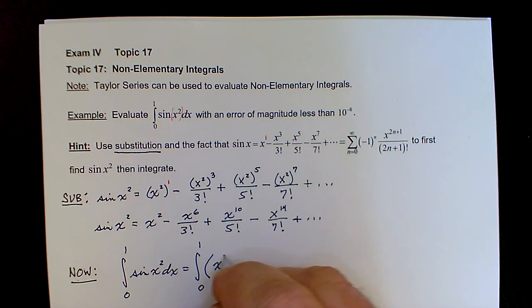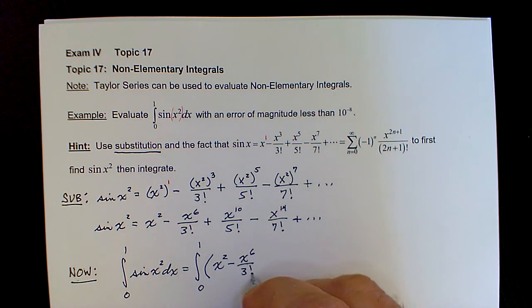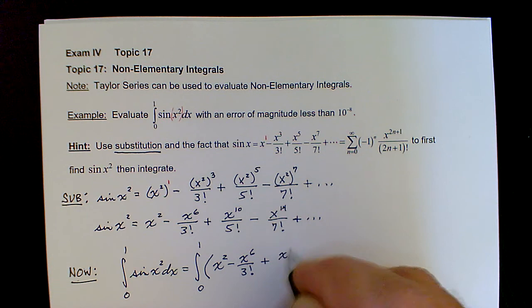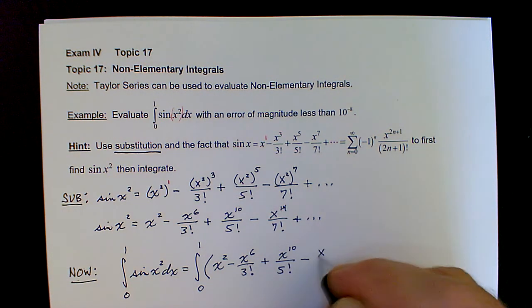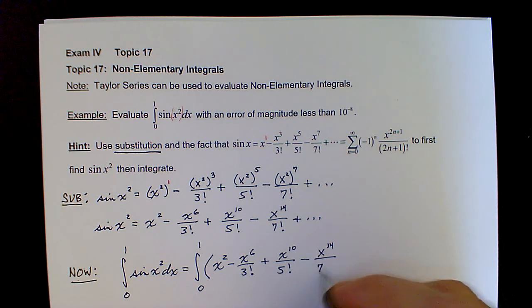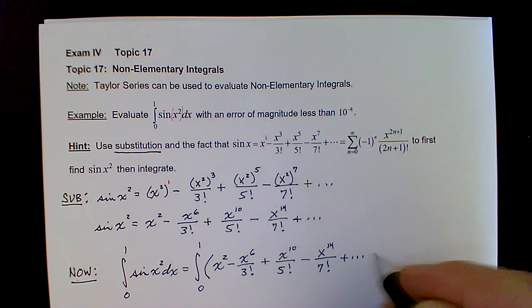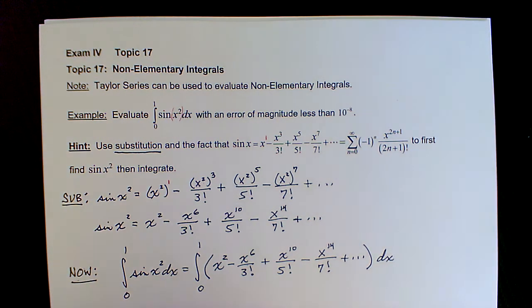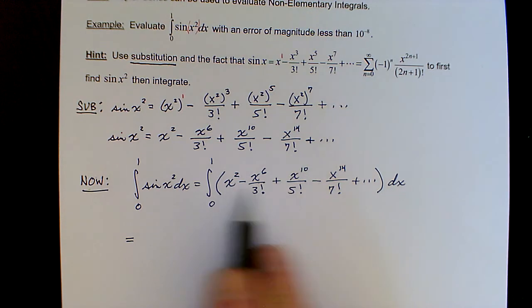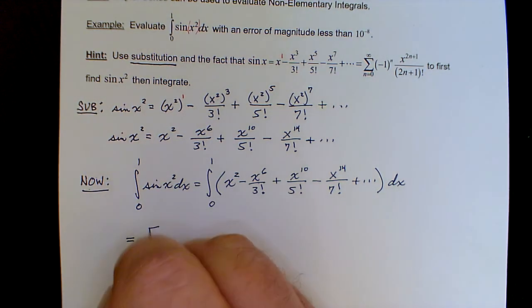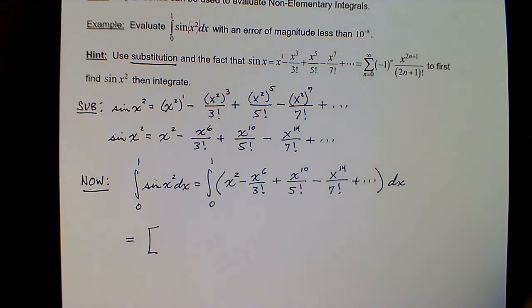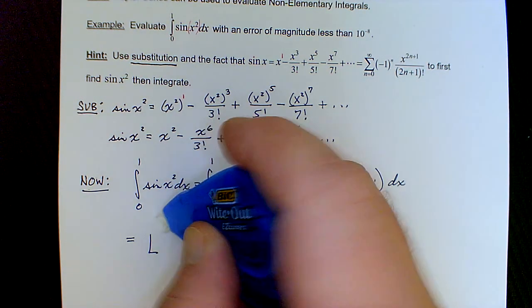But in terms of the approximation, x squared minus x to the 6th over 3 factorial plus x to the 10th over 5 factorial minus x to the 14th over 7 factorial, and so on. That's all with respect to x. Okay, so now we have a polynomial, and so we can integrate this polynomial. So that becomes, here, let's continue with parentheses for now.